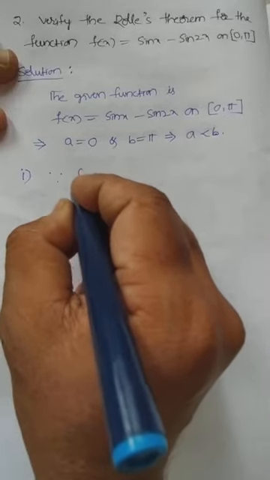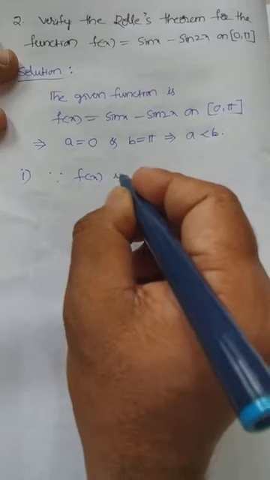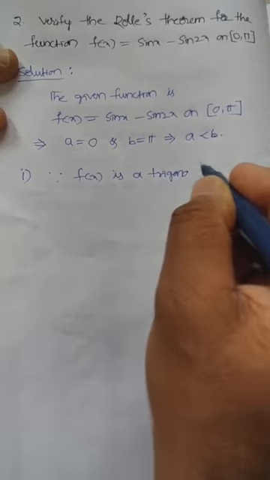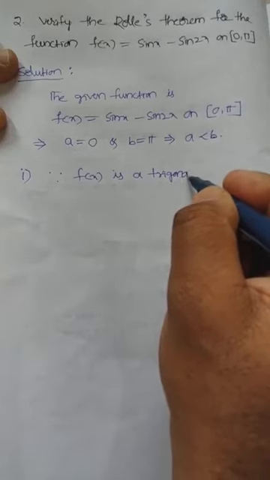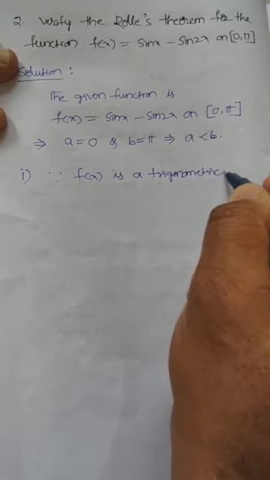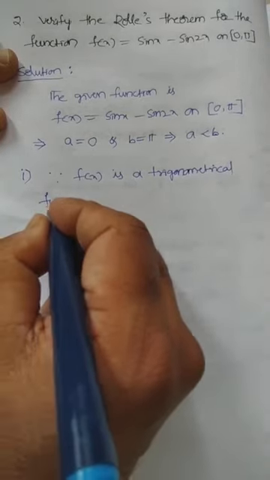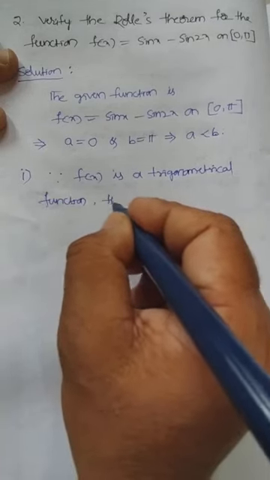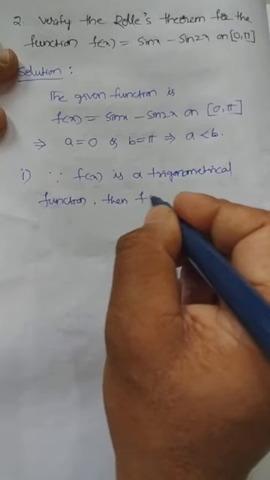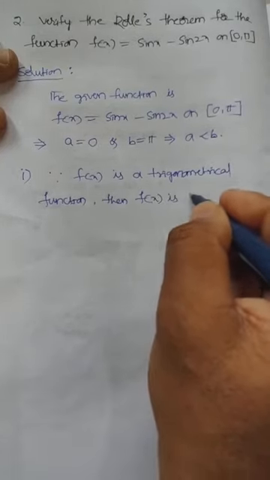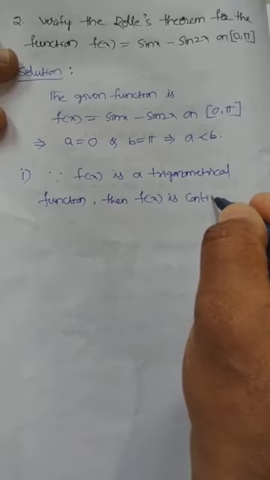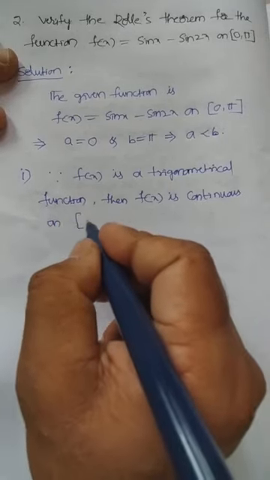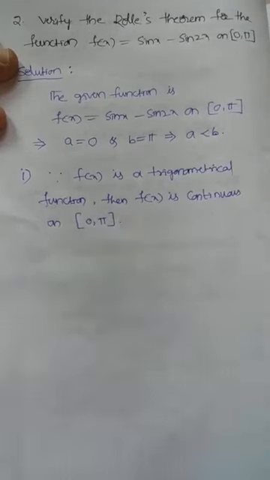Since f of x is a trigonometrical function, f of x is continuous on closed interval 0 comma pi.